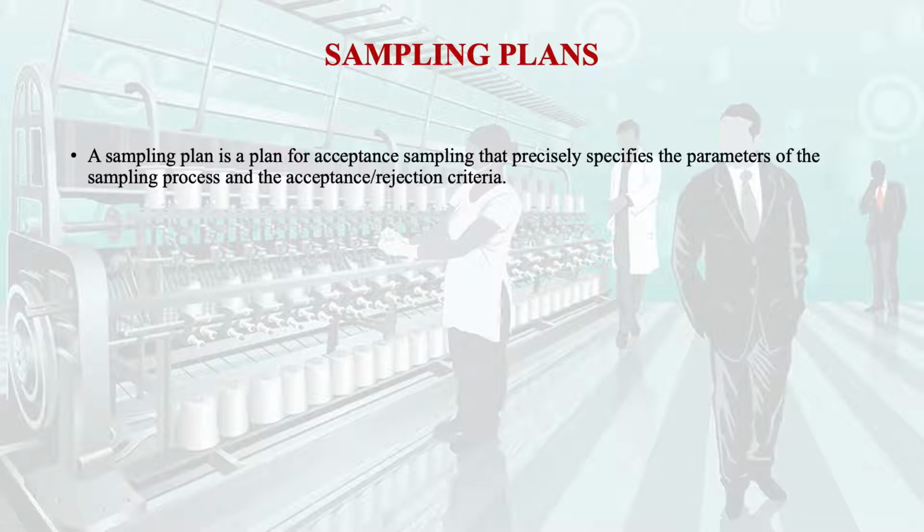Sampling means we are collecting a small portion of items and we decide some rejection number or acceptance number. Therefore, we can define a sampling plan as a plan for acceptance sampling that precisely specifies the parameters of sampling processes and the acceptance or rejection criteria.